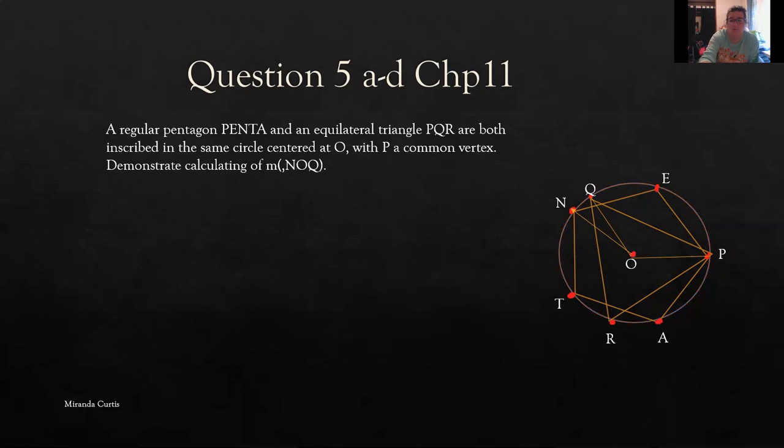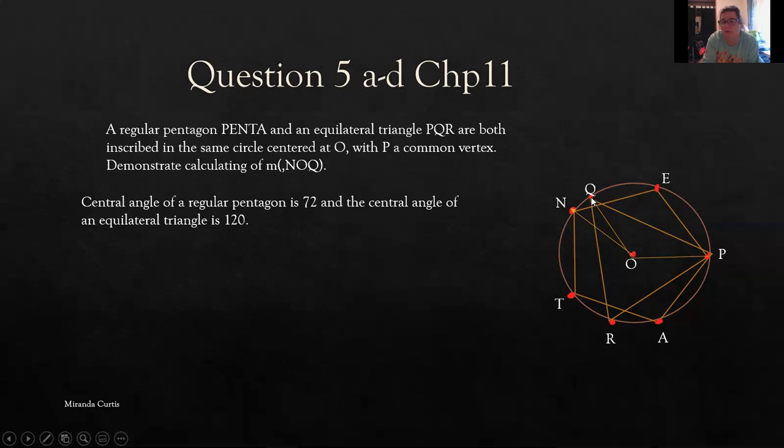Okay, so right here, when we draw this little line right here, QRP, that is a triangle. And then if you draw the lines from E to N, N to T, T to A, A to P, and then P to E right here, you get a shape that has 5 sides.